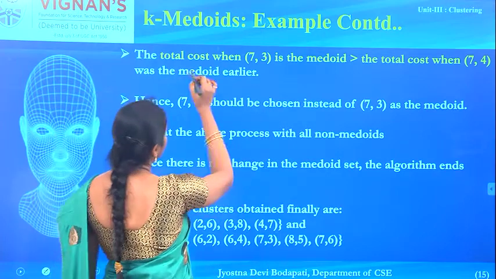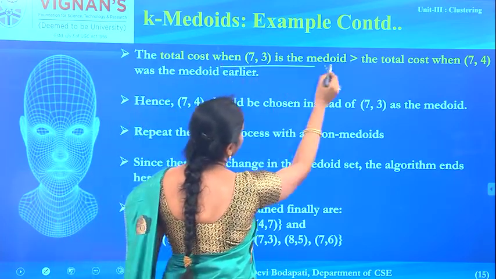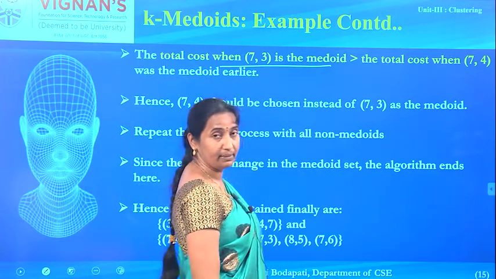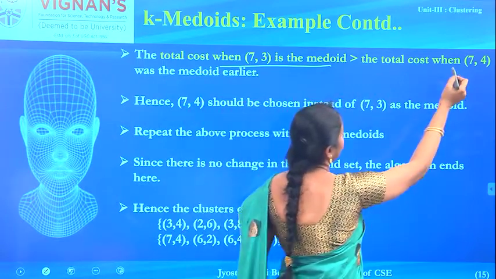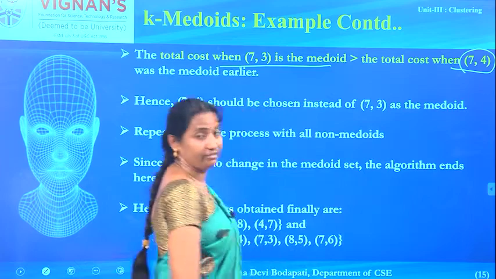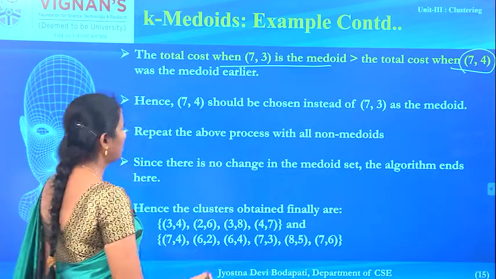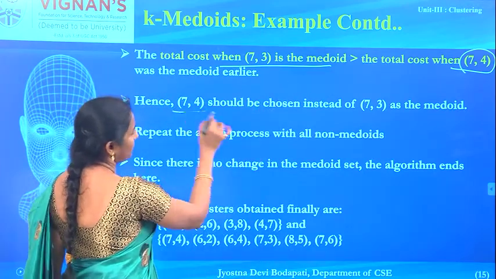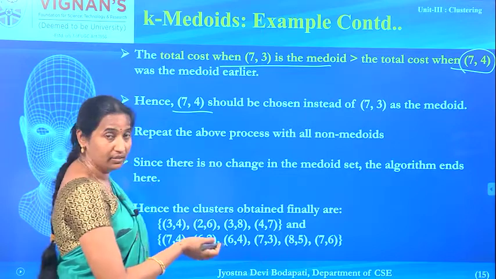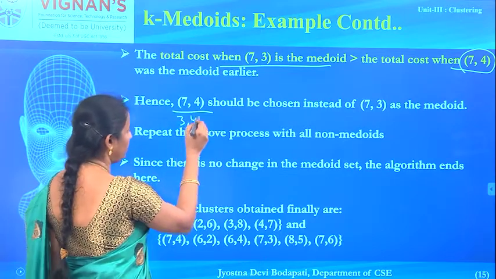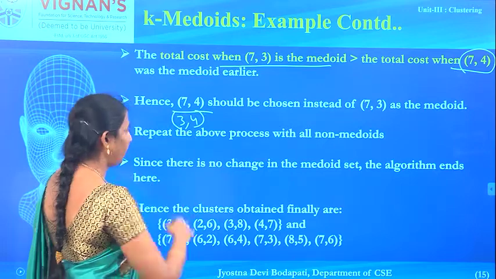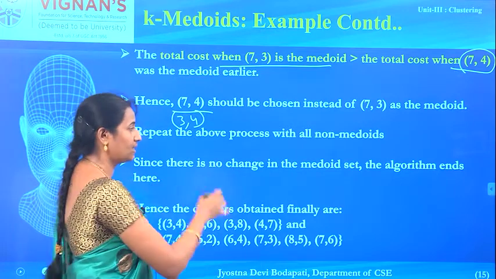So here, if you observe the total cost when 7, 3 and 3, 4 are the medoids, the cost is greater than when the medoids are 7, 4 and 3, 4. Because of that, we retain 7, 4 as the medoid instead of 7, 3. So 7, 4 and 3, 4 are the medoids. If you are interested, you can repeat the process, otherwise you can stop.